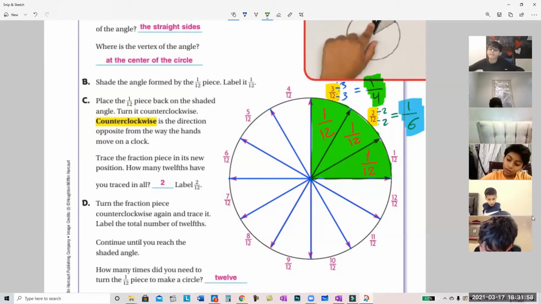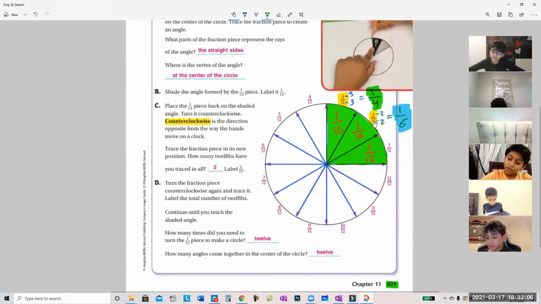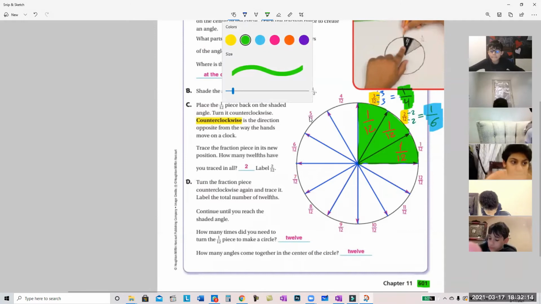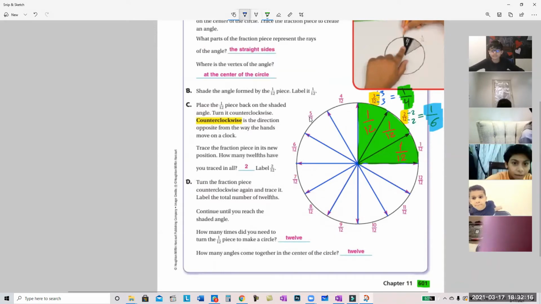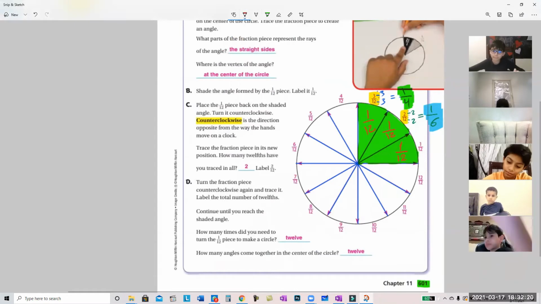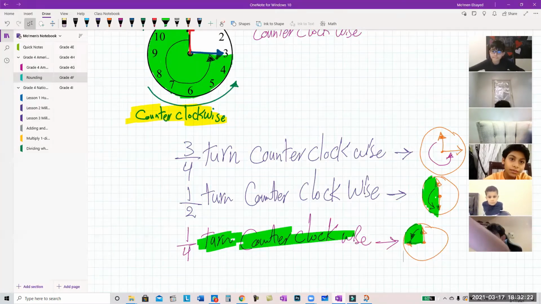Okay, so as we all know, we have some common fractions. Let me draw it for you here. Or let's draw it here.